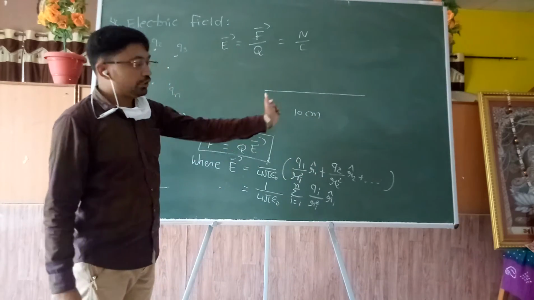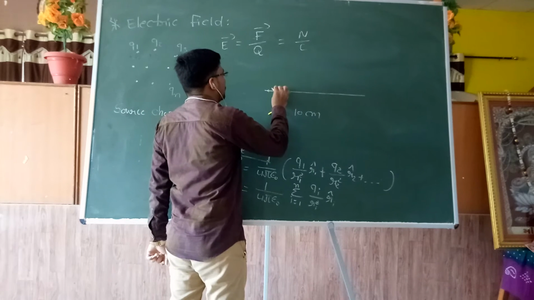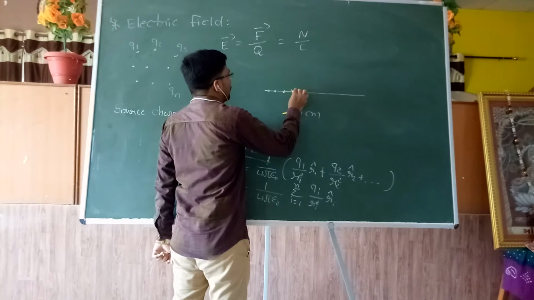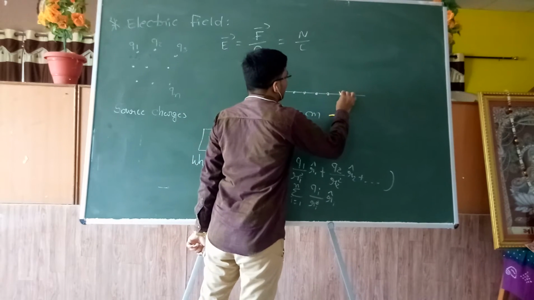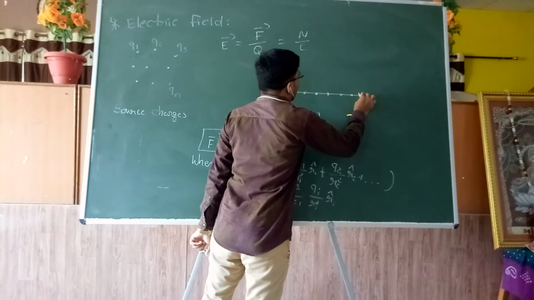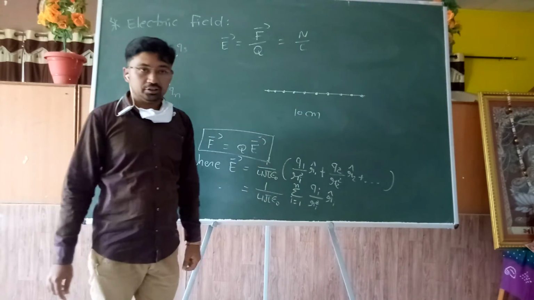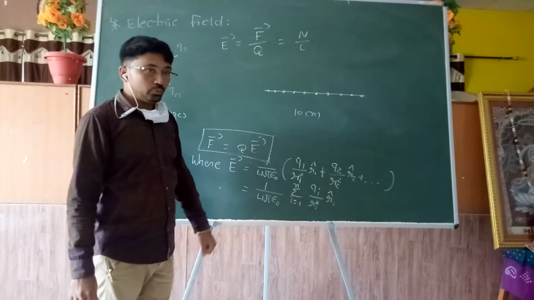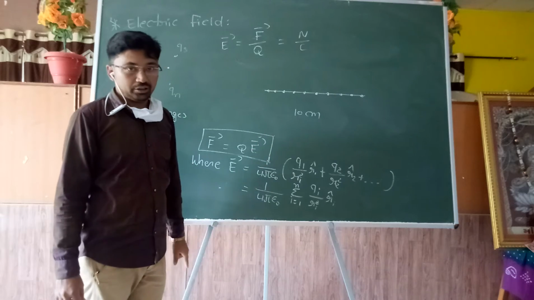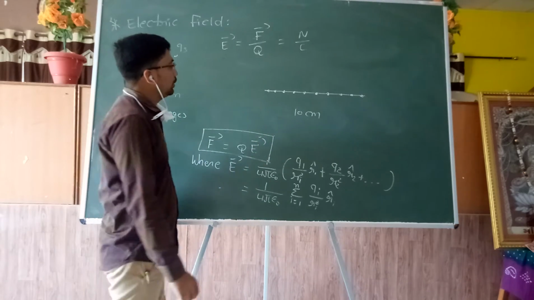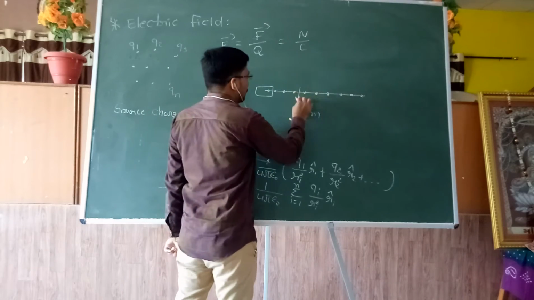We have charge distribution on the line like 1, 2, 3, 4, 5, 6, 7, 8, 9, 10. So in 10 centimeter there are 10 charges. It is distributed so that if you consider any centimeter, 1 centimeter or 2 centimeter, if you consider 1 centimeter, then there must be a single charge.